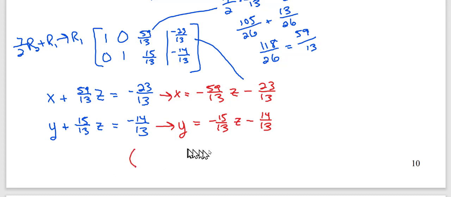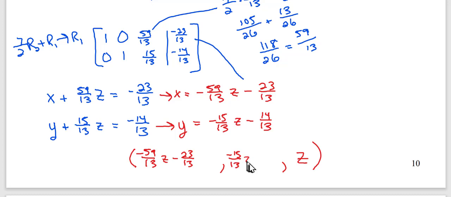What that tells me, if I want to write this as an ordered triple, is that z can be anything, and whatever number I pick for z, x is going to be negative 59 over 13 z minus 23 over 13. And y is going to be negative 15 over 13 z minus 14 over 13.